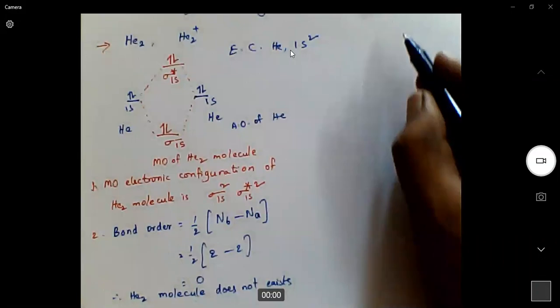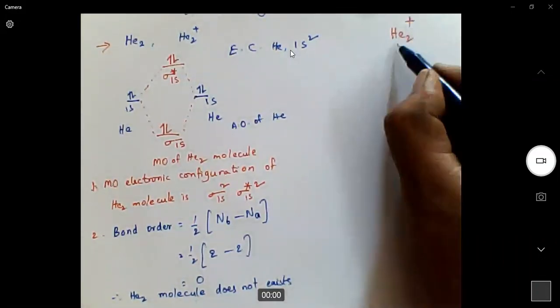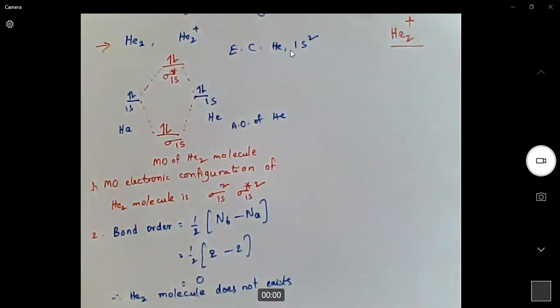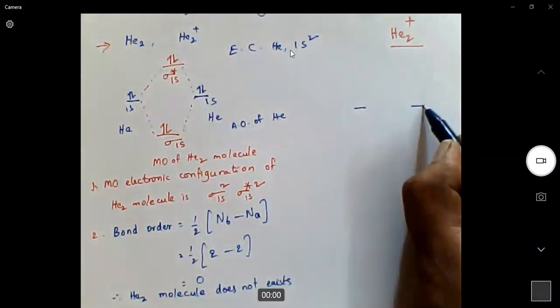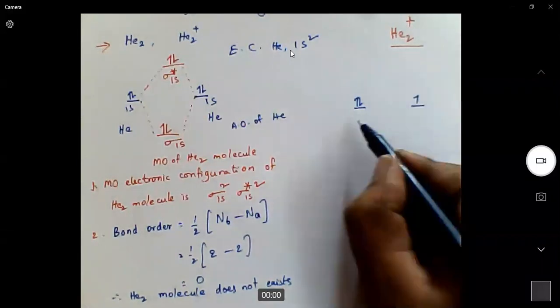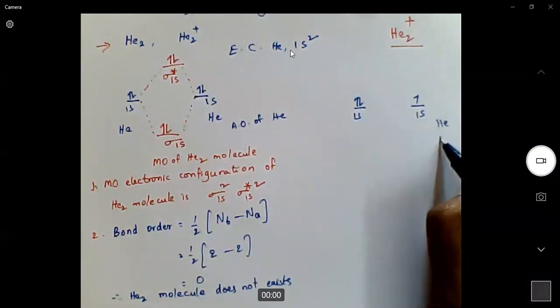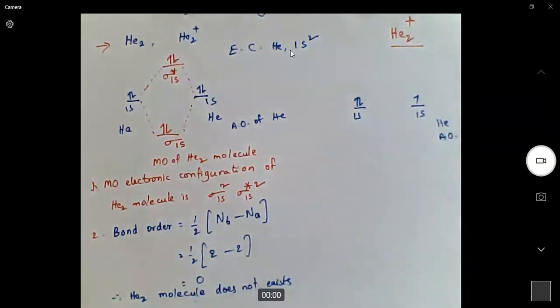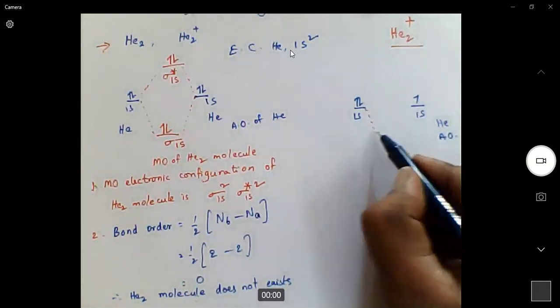Now we will try to write the MO diagram for He2 plus molecule. When we say plus, we need to remove one electron, right?